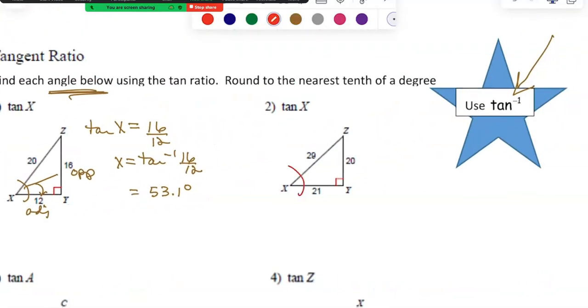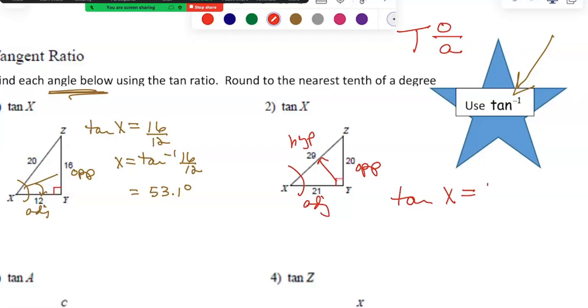Okay, here's angle X. Look how I'm labeling. This is opposite, this is adjacent, because this is hypotenuse. And for tan, we use opposite over adjacent only. Okay, tan of angle X equals 20 over 21.